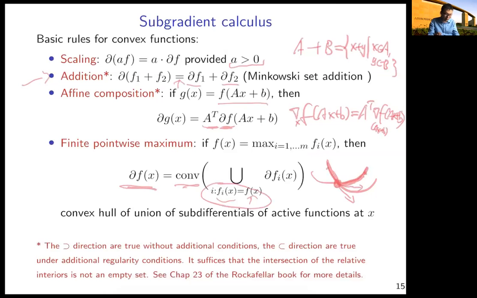I won't be going into additional details on this technicality, because it is less relevant for convex optimization. For those who want to figure out the exact condition under which you can characterize this, please refer to Rockafellar's convex analysis book.